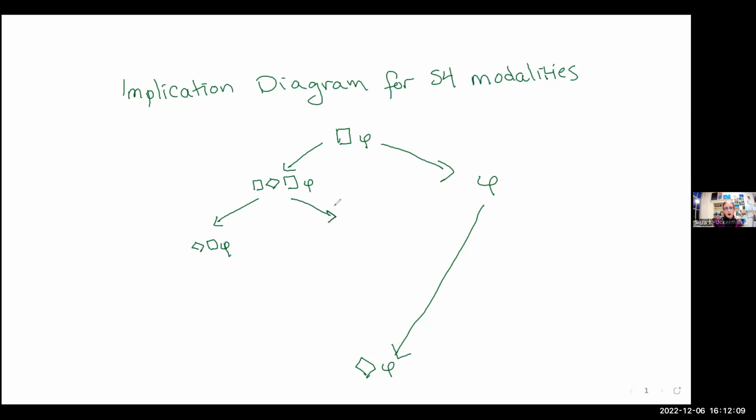And here we also get necessarily possibly phi. Each of these also implies the dual of this one here, namely possibly necessarily possibly phi, and from there to there. And both of these imply that phi is possible.